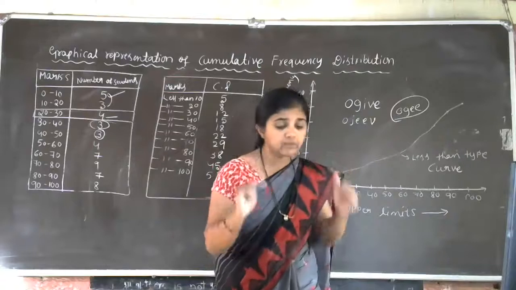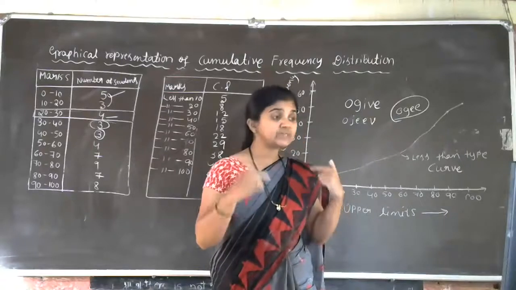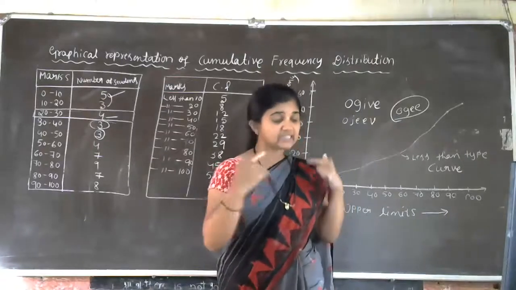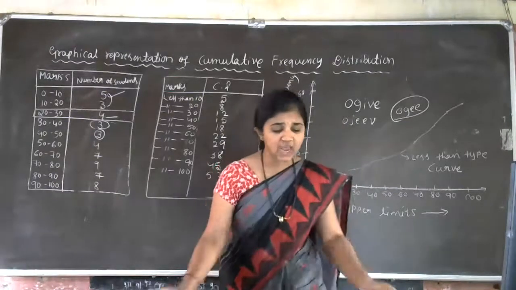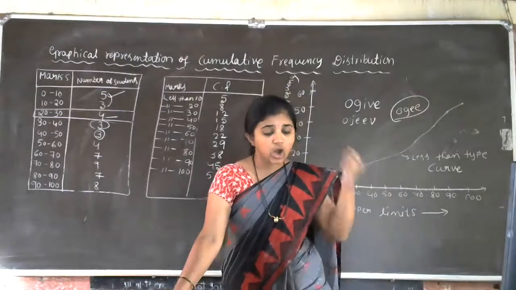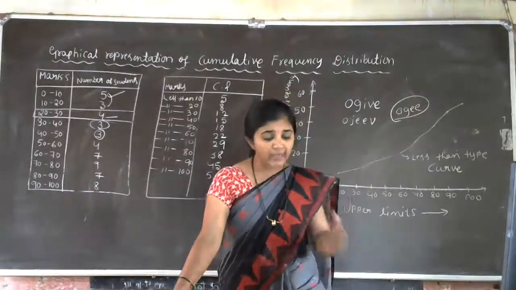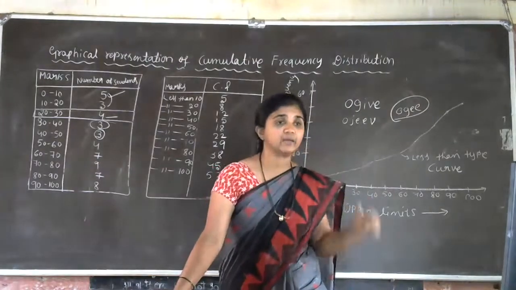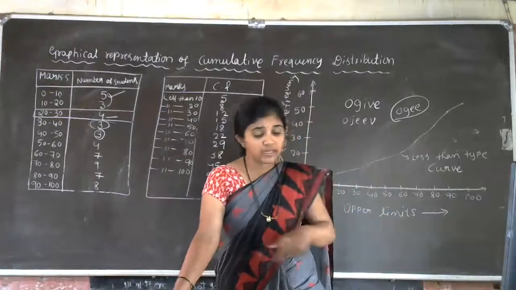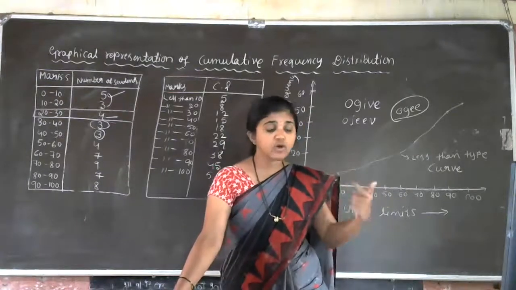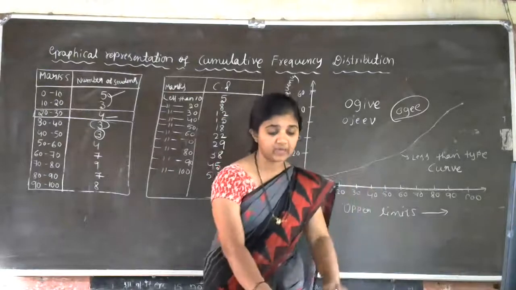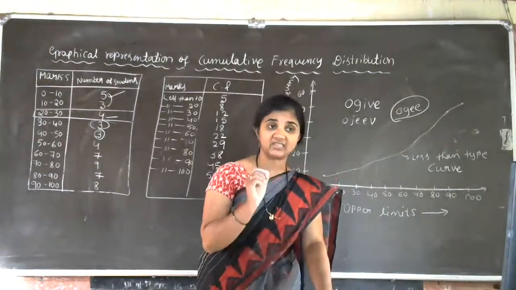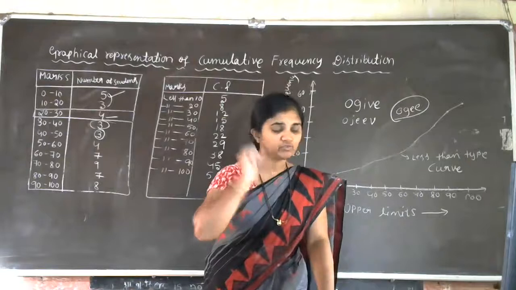The term ogive is pronounced as ogive and is derived from the word ogi. An ogi is a shape consisting of a concave arc flowing into a convex arc, forming an S-shaped curve with vertical ends.